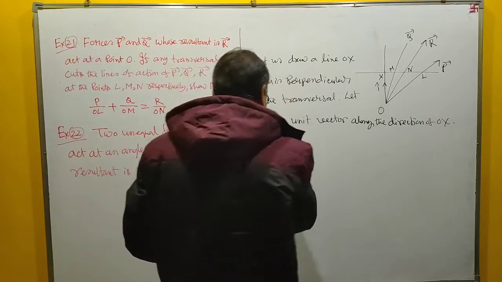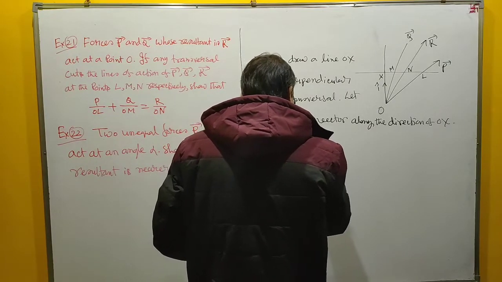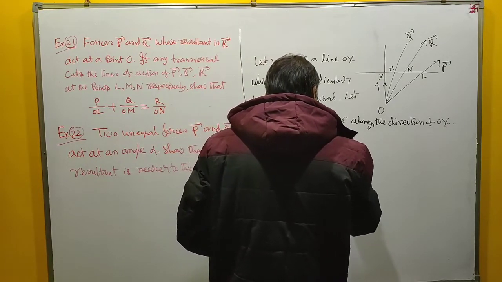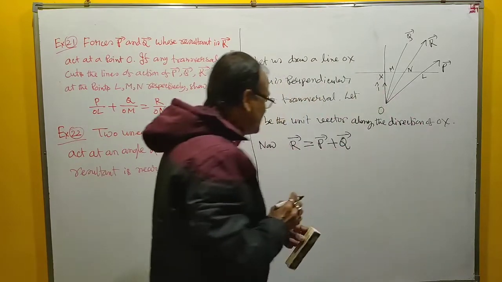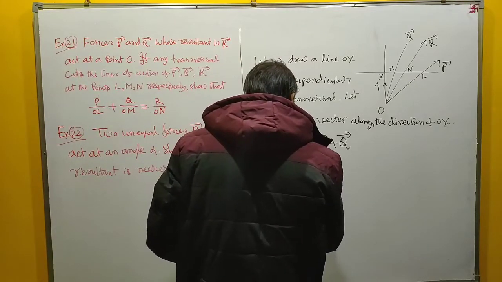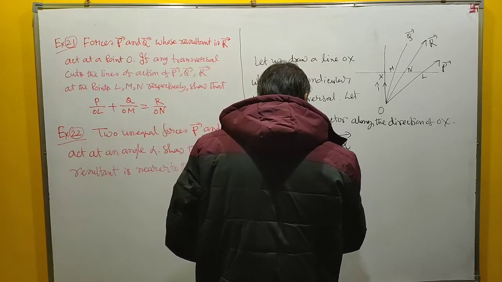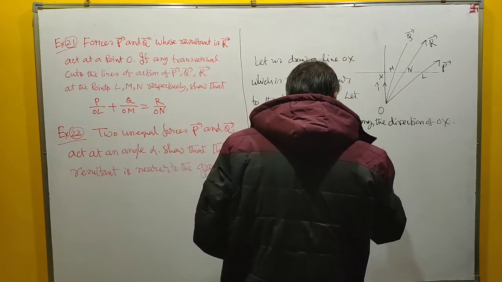Now, R is the resultant of P and Q. You may write R vector is equal to P plus Q. Now take the dot product with i cap.